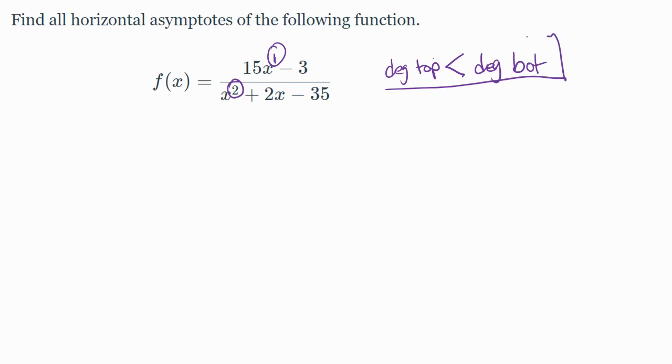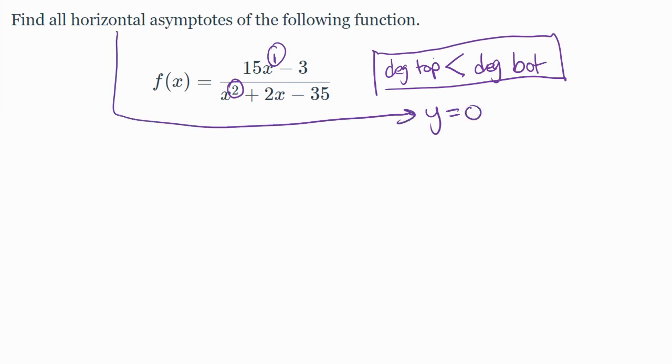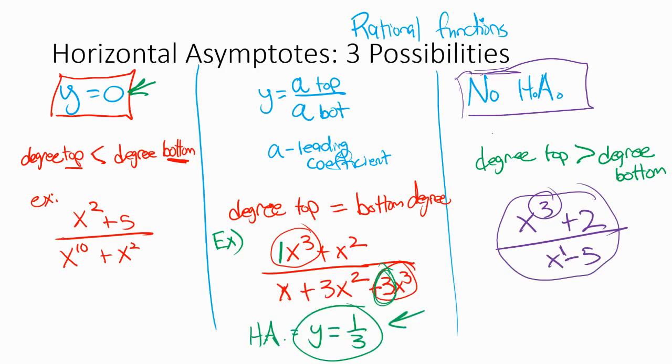Anytime you have this instance where the degree of the bottom is bigger, immediately the answer is y equals 0. No more work is required. That is the answer for the horizontal asymptote. All I did was sort through my list of 3 options. I identified the degree of the top is smaller than the degree of the bottom, and immediately the answer is y equals 0. That was it.